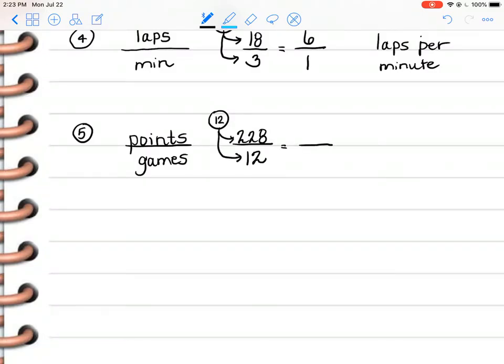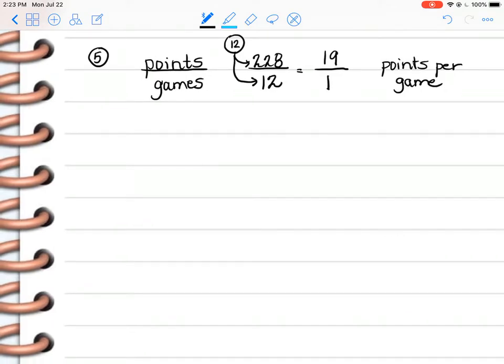So bring that 12 down to a 1. And then 228 divided by 12, 19 points per game. And I'll tell you what, guys, I'm going to check that. My doing math in my head is not a good idea. So let me just be sure. Yes, it's always better to be safe.